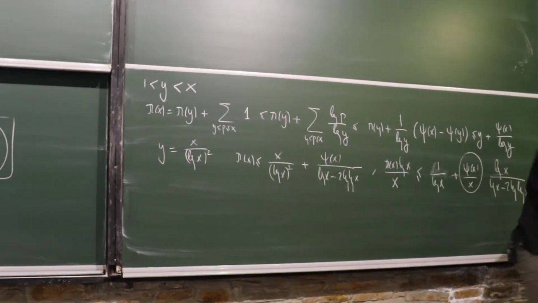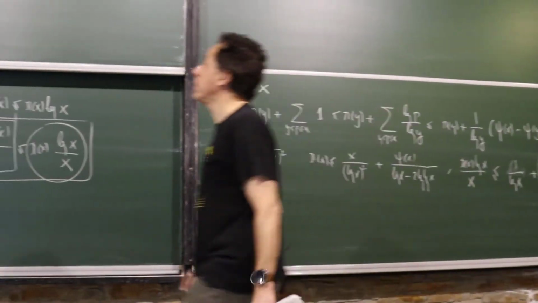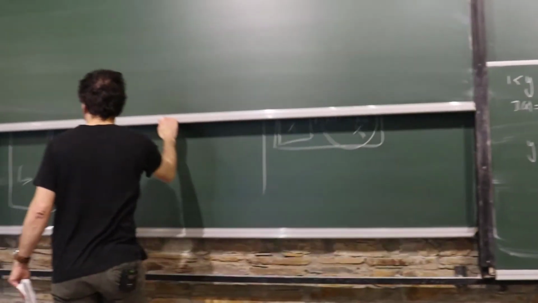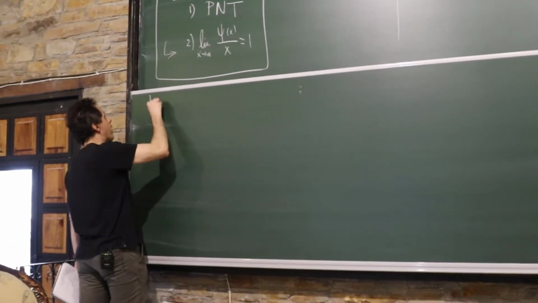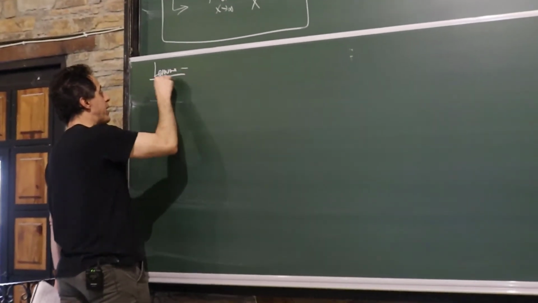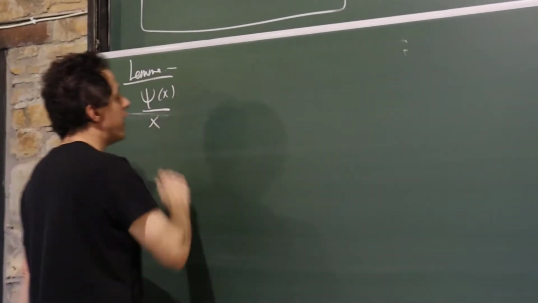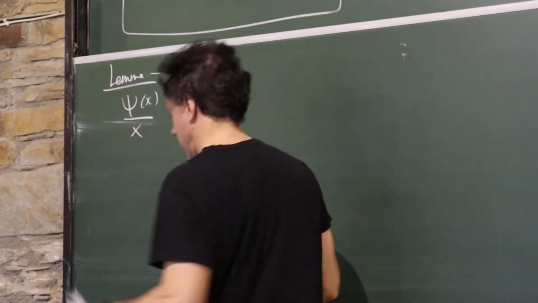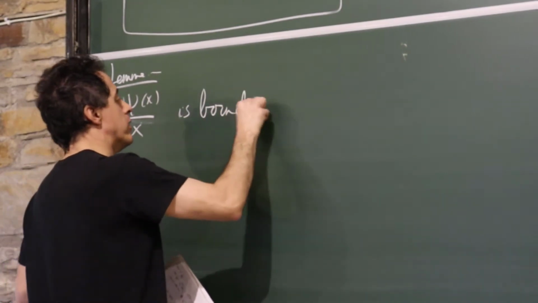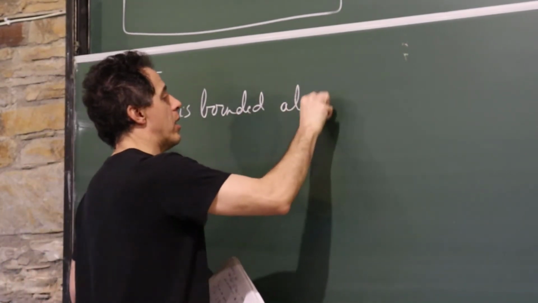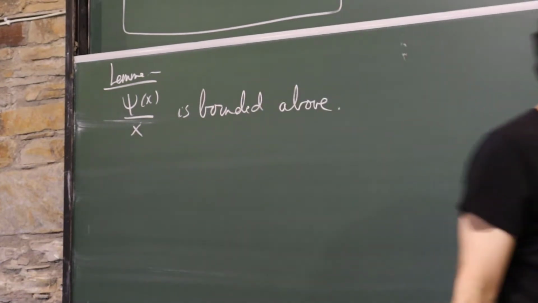The second lemma would be that psi of x over x is bounded above.